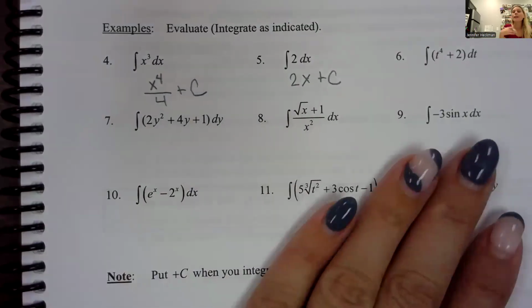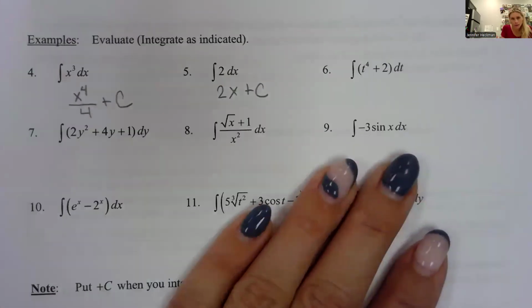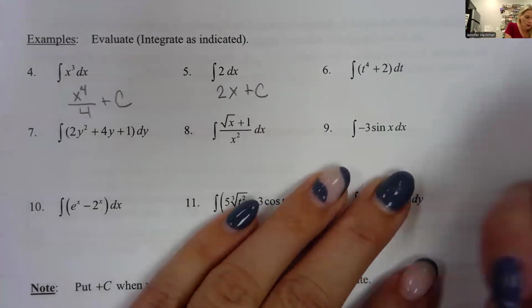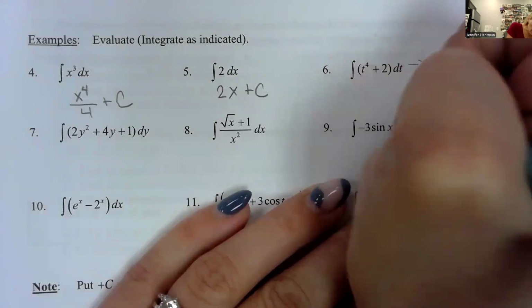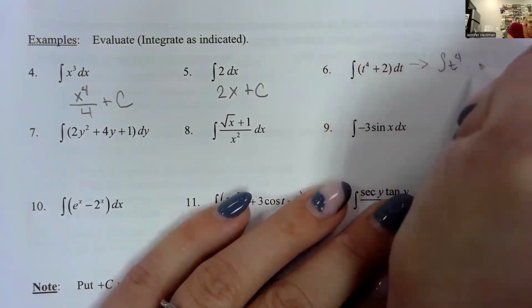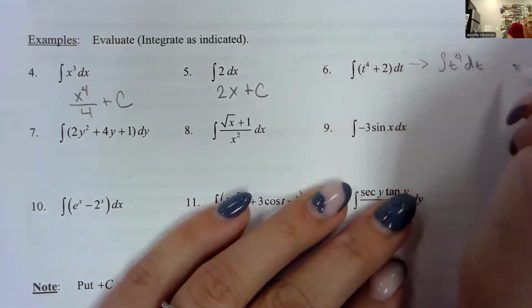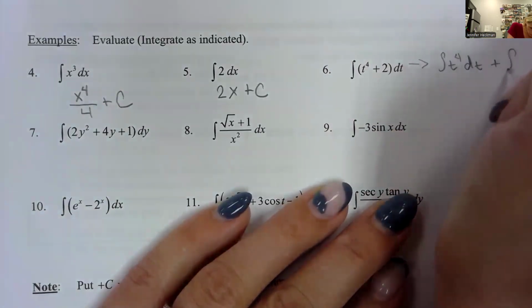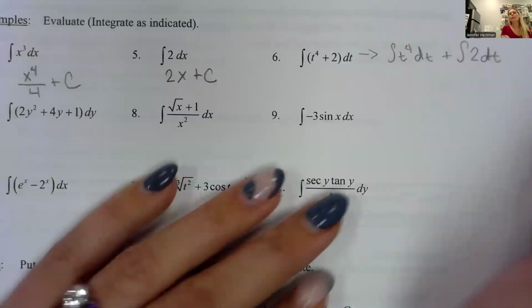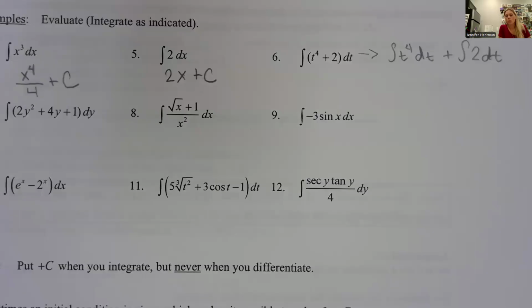Okay, this one, again, I'm going to do this in long terms so that way you can see how you can separate, but in this one, I understand if you don't. So this is saying, guys, integral of t to the 4th dt plus integral of 2 dt. And again, I'm just separating that now so you can see the two rules, right?